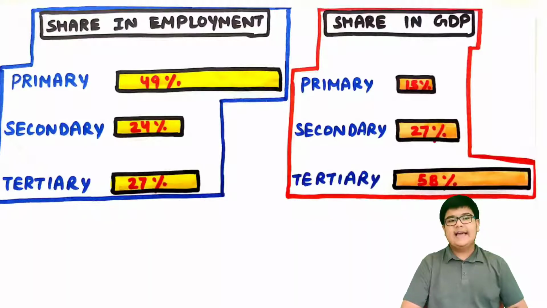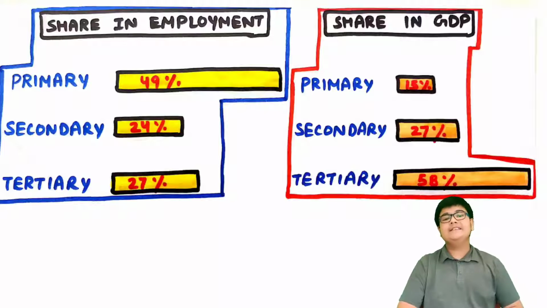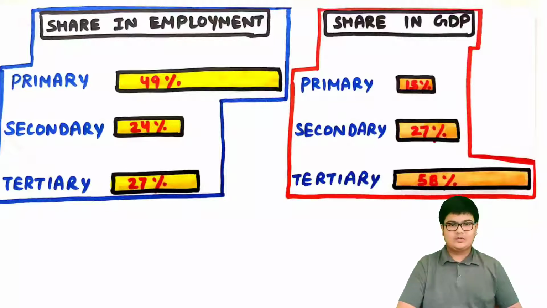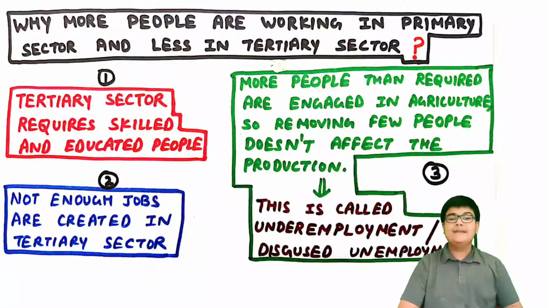Here you can see that in the primary sector the maximum number of people are working, but its role in GDP is very less. 49% of the people are engaged in the primary sector, but in terms of GDP it has only a 15% role. Now let us see why more people are working in the primary sector and fewer in the tertiary sector.